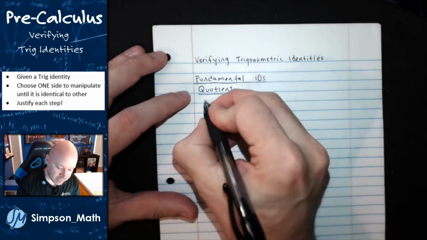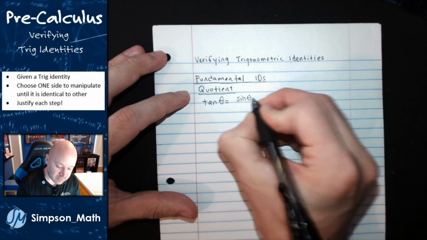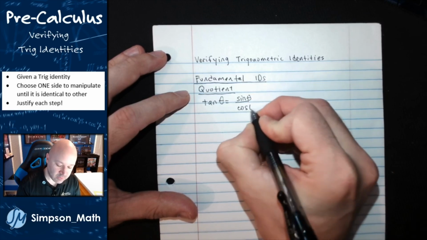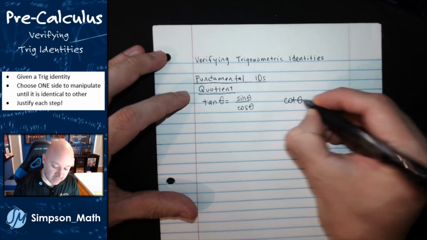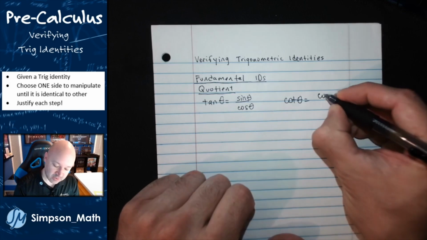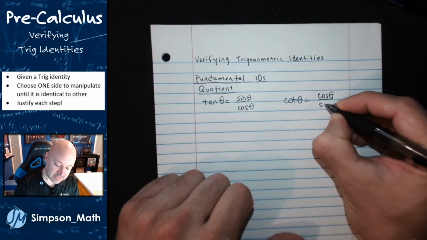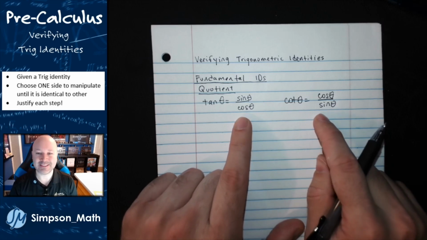So we can call tangent of any angle sine of that angle over cosine of that angle. Similarly, cotangent of an angle is by definition cosine over sine. Those two identities are the quotient identities.